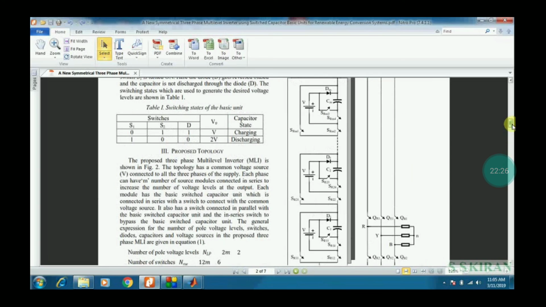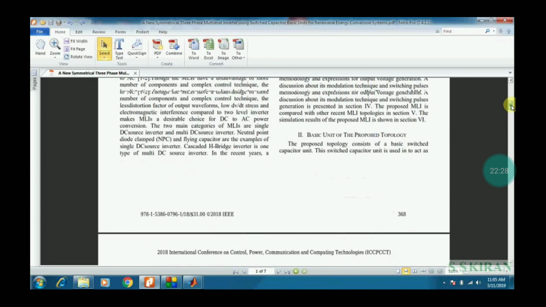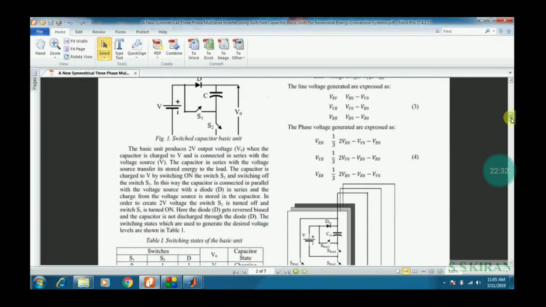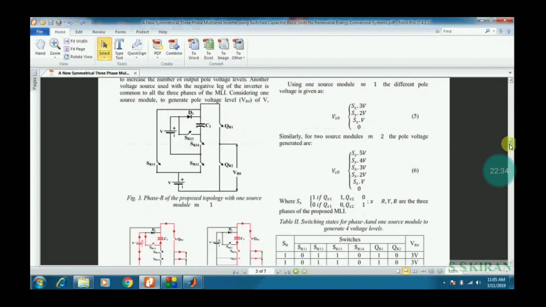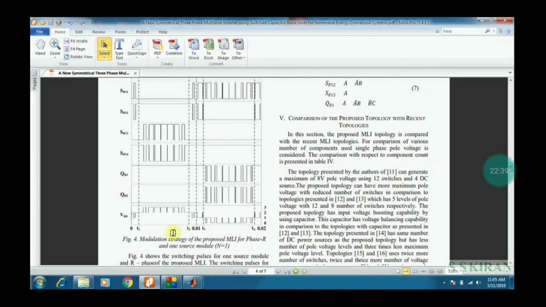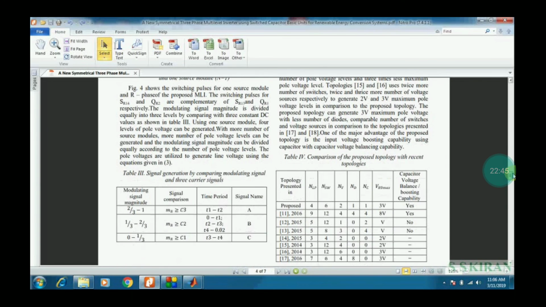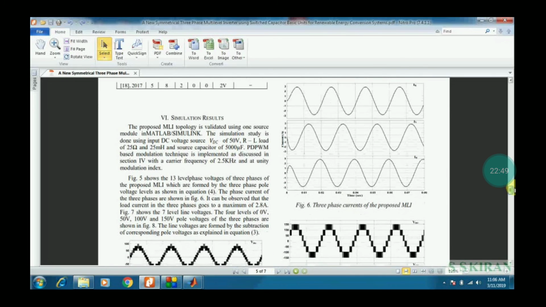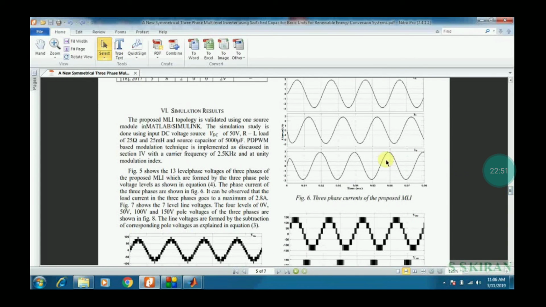Okay, the PD PWM technique is used in this base paper. The pulse width modulation technique. Okay, modulation strategy for the proposed MLI. That's fine. This technique is also very useful for executing the outputs.